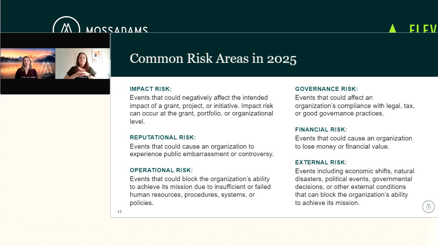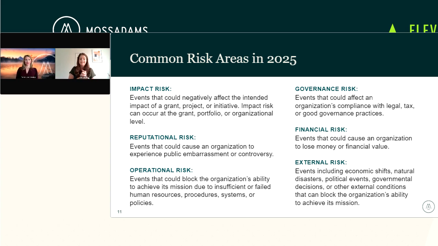I think, for instance, if you've designed a program based on community needs at the time, this is a common thing that we see, and then community needs sort of change, then that program may not be relevant or effective anymore, right? So that's a risk to your program. So really being able to think about what risks there are to your programs, to your initiatives is another key area that we're seeing organizations like yours focused on.